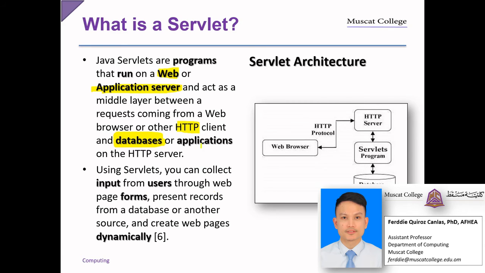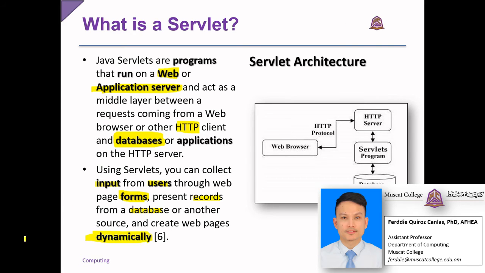So they use them to access databases. The servlet collects the input from the users through web page forms. So you have to create some forms, collect the inputs, and then save them in the database. So it makes your database now dynamic because you can interact with it.